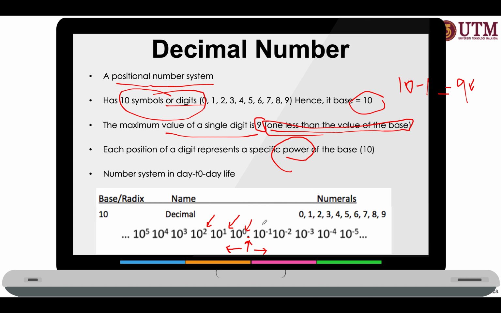Over here we have 10 to the power of negative 1, 10 to the power of negative 2, and 10 to the power of negative 3 until n. So this is how it looks. And you need to know that in normal day to day life we use this base 10 numbering system.